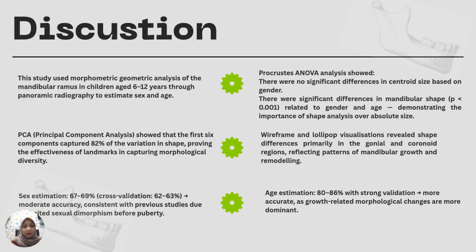The wireframe visualizations show shape differences primarily in the gonial and coronoid regions, reflecting patterns of mandibular growth and remodeling. Age estimation is 80 until 86% with strong validation, more accurate, as growth-related morphological changes are more dominant.